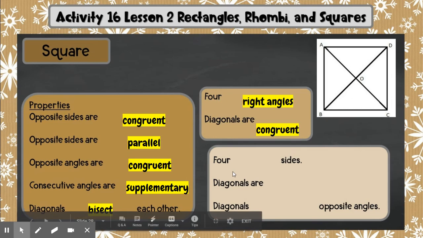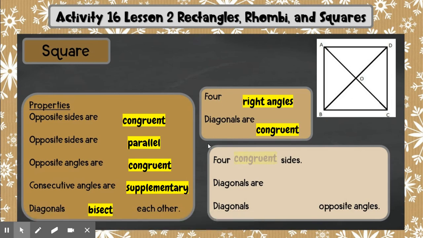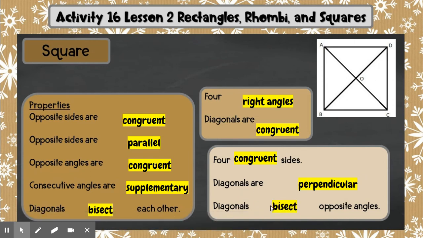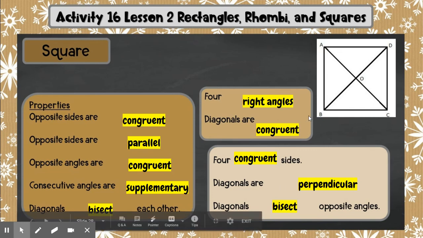And then this last box is shared with the rhombus. So there are 4 congruent sides. The diagonals are perpendicular, so these angles in the middle are also 90 degrees. So you got 90-degree angles all the way around. And then the diagonals bisect each other.